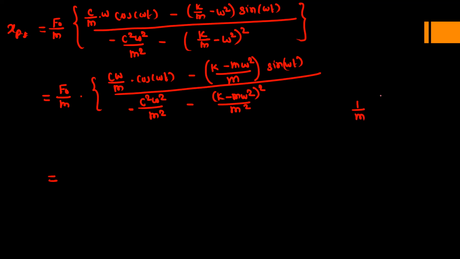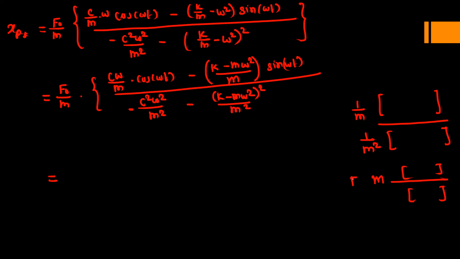So finally, after taking M square and M common, the only remaining value is F0.